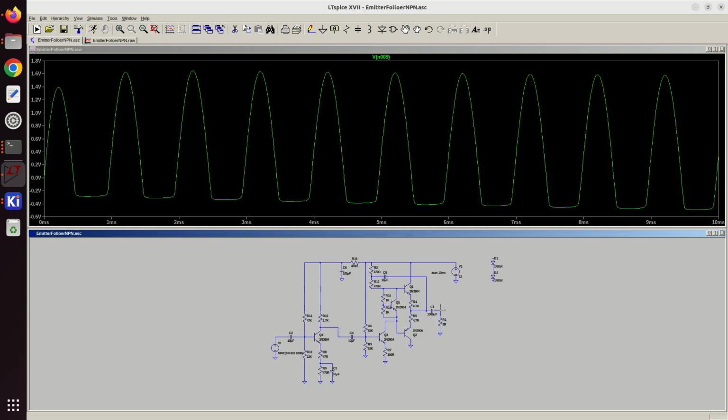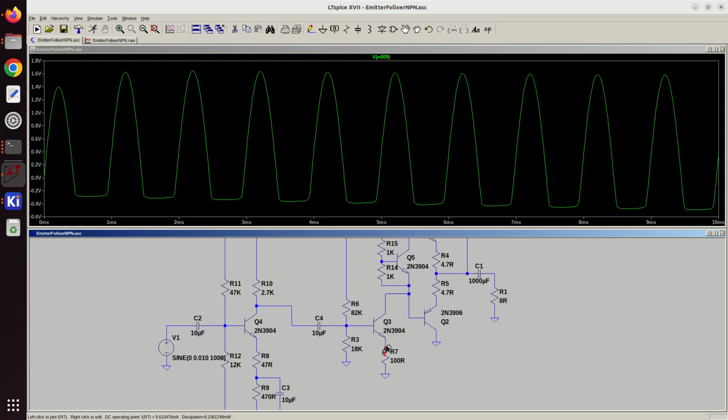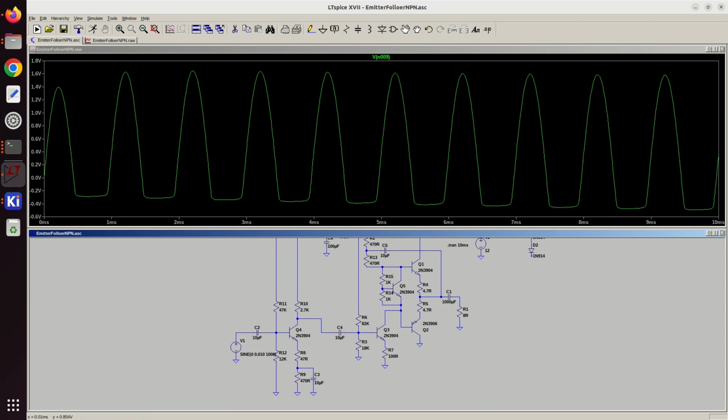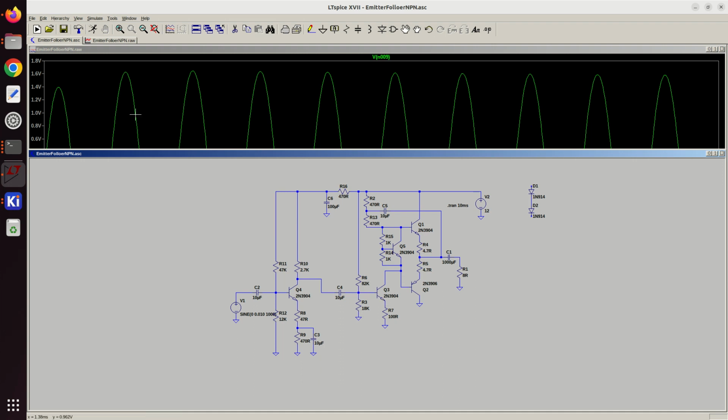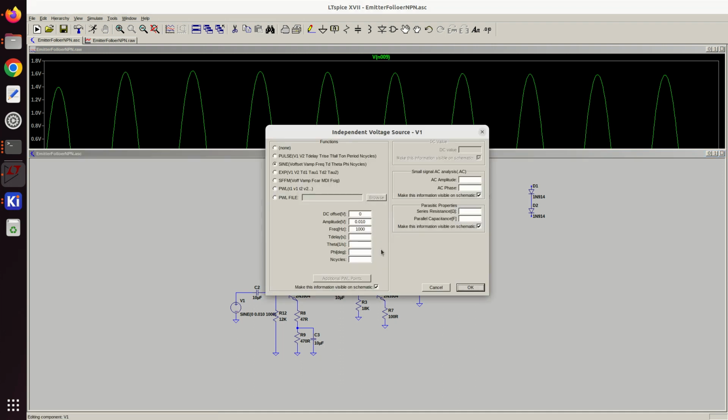So what just happened? It's a different characteristic completely. Okay, just when I thought it was done. So let's have a look at the DC stuff here and see what's happening.